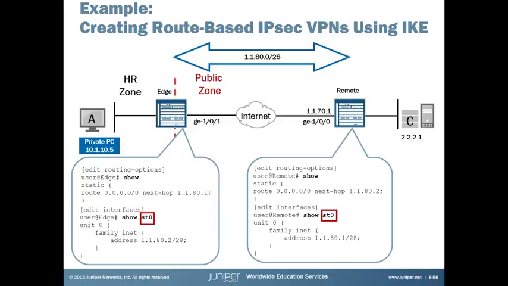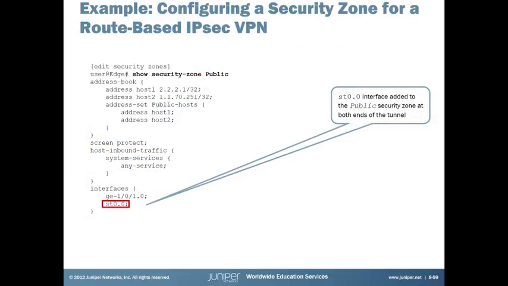We're setting up our interface, which is ST0, giving it an IP address, and that is 1.1.80.2/28. I'll give you an example of a route-based one. We'll go through that shortly. That's our interface that we have configured.